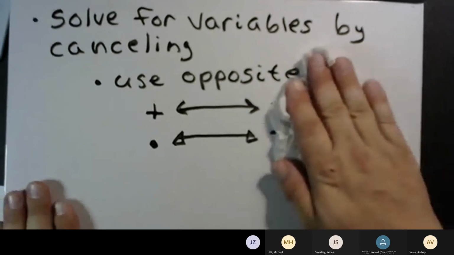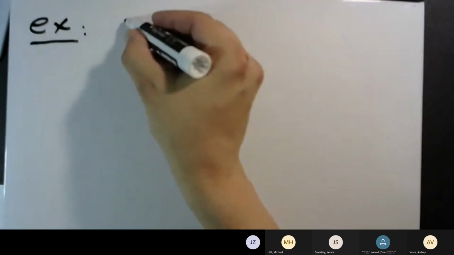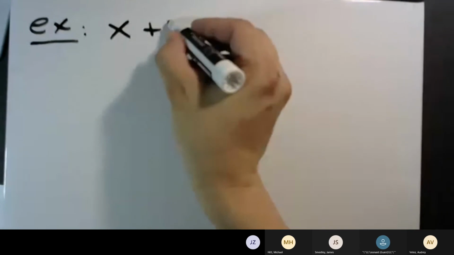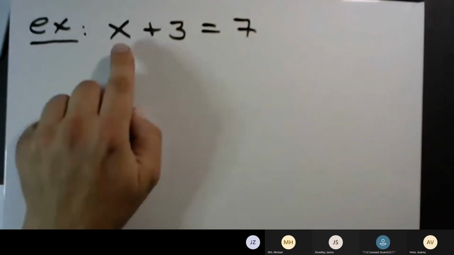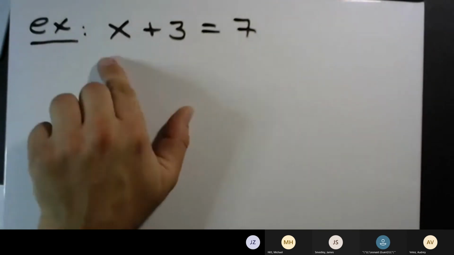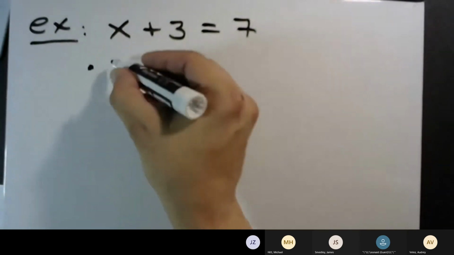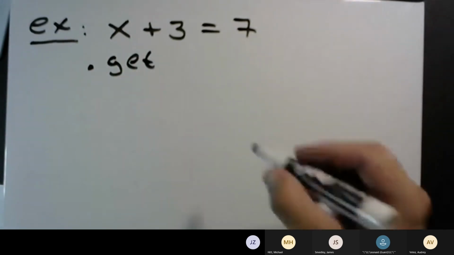So let me give you an example. So let's say we want to solve for x. We want to get x by itself, just like we wanted to get it by itself on the scale.